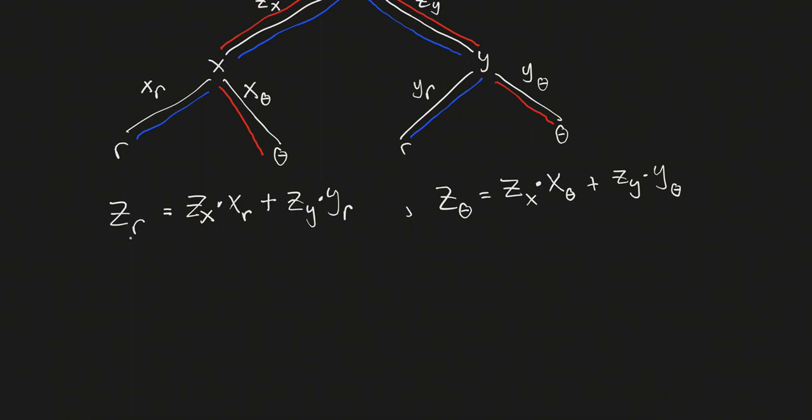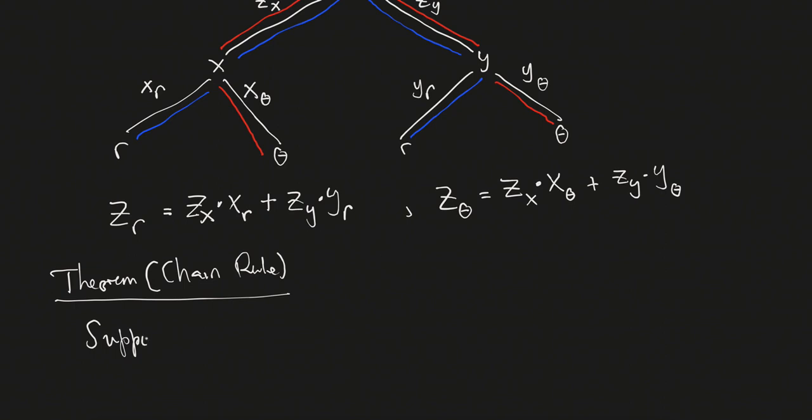To wrap it up, let's just state the theorem in its fullest. This is the multivariable version of the chain rule, and there are several ways it can be stated, but this is what it is.